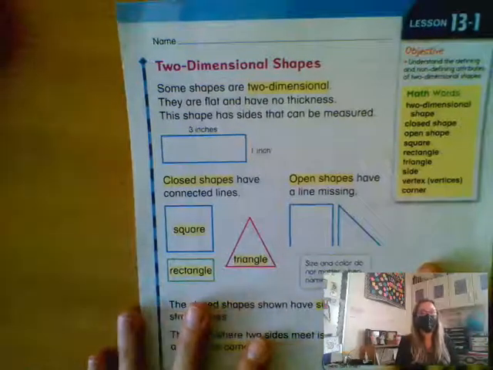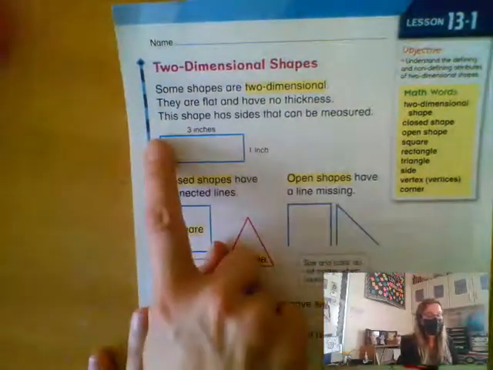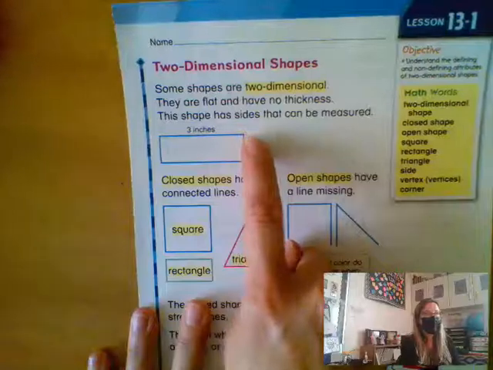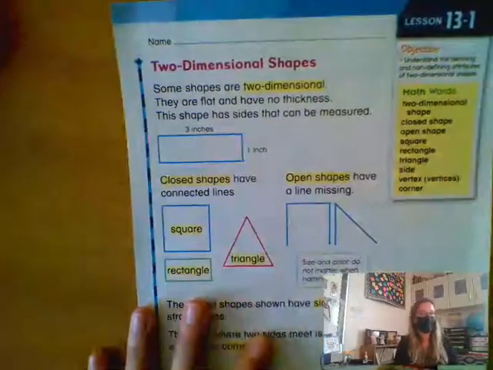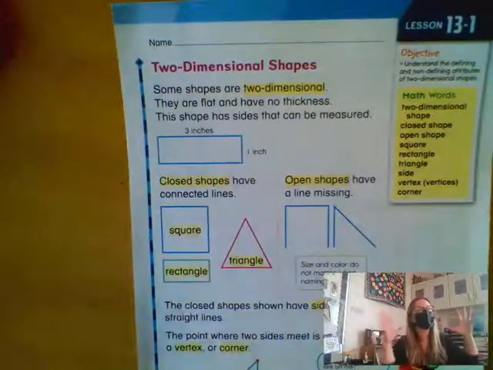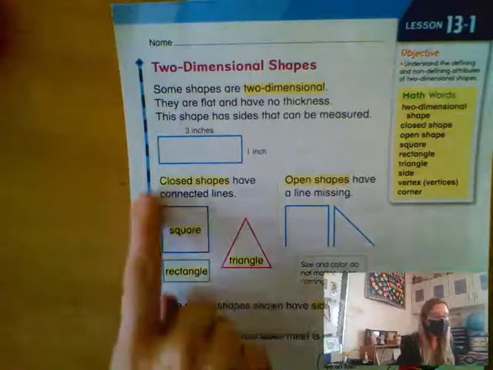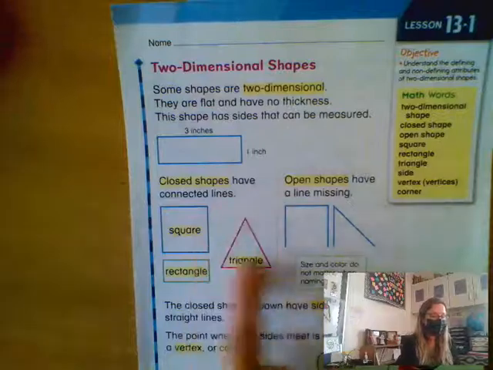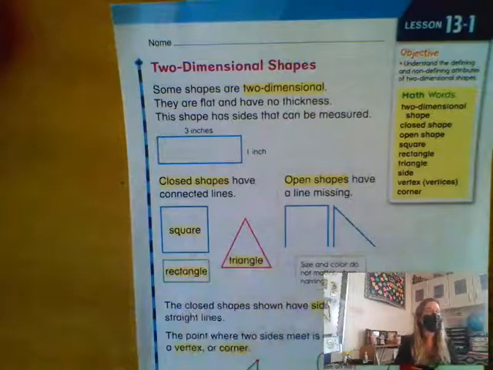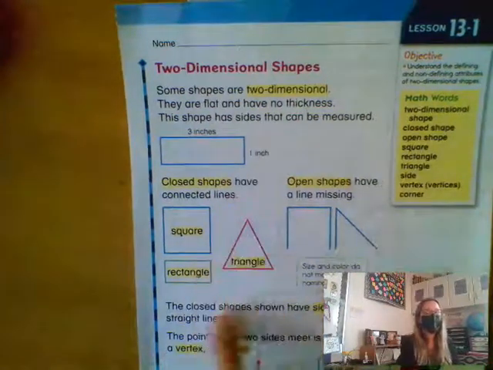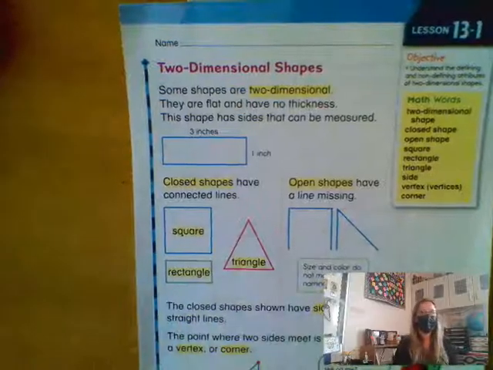Okay? The shape has sides that can be measured. A closed shape. Think about a closed door. A closed shape has all connected lines. See how all these lines are connected? If that was a room, you would need a door to get in. Do you see that?